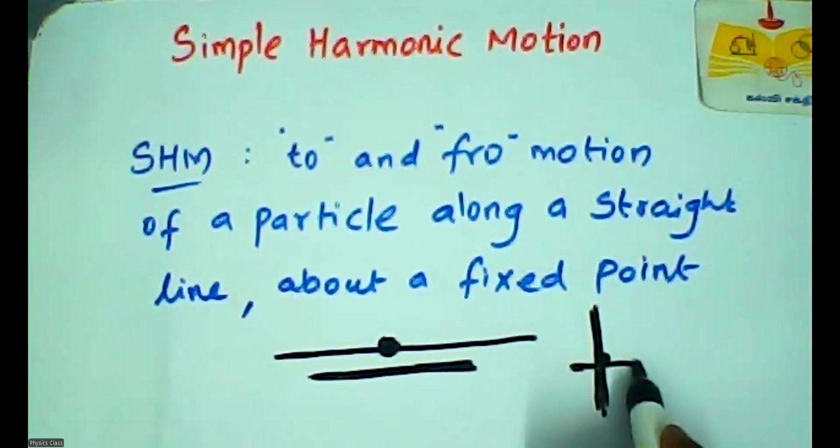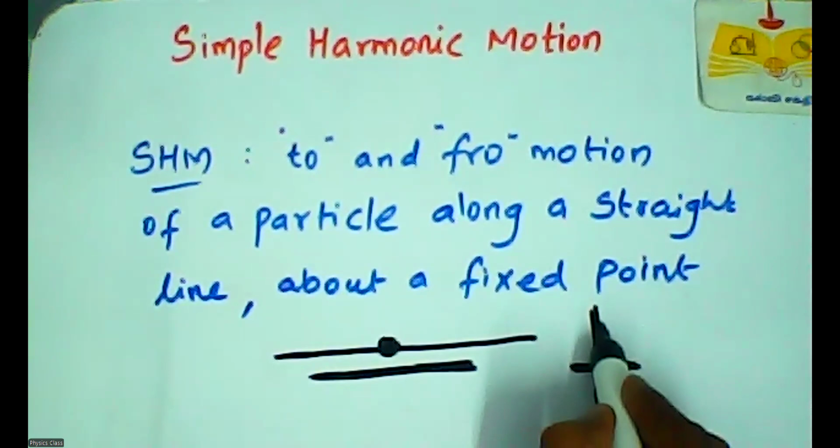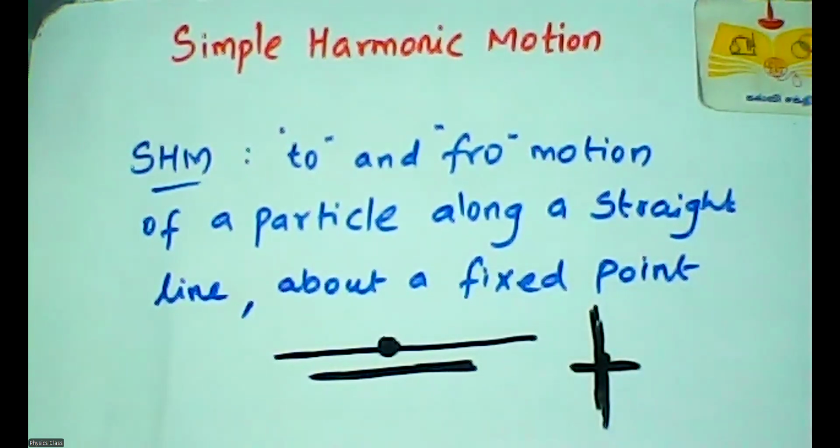So this is the mid position or equilibrium position. The particle passes through the equilibrium position going down here, and passes through this position going upwards. So the to and fro motion made by that particle is called simple harmonic motion.